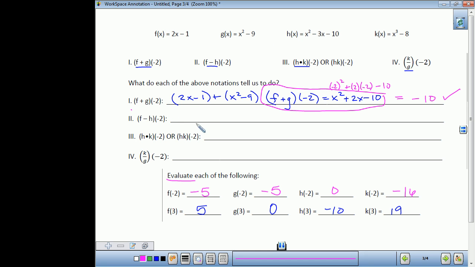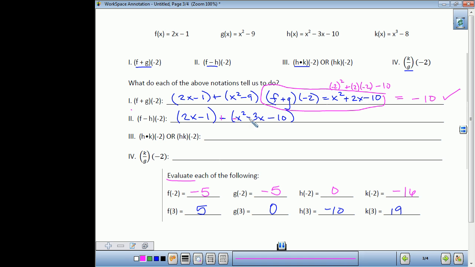F minus g. So I'm going to write down f. And you're right, I do know the answer to the question I've already asked. So this time it's f minus h. So we're going to write down the h. Now, when we subtract, we change all the signs, right? Remember?